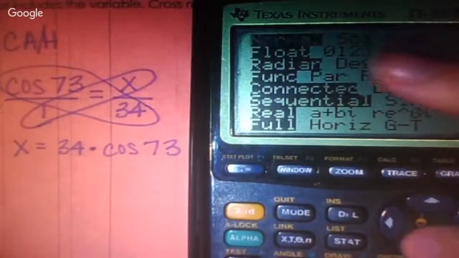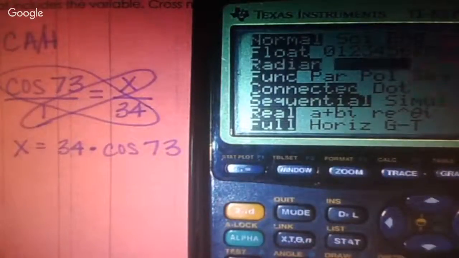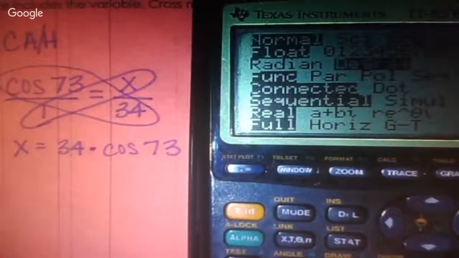You need to go down, scroll over to degree and hit enter. So degree is highlighted. That puts your calculator into degree mode. If it is not, all of these answers will be wrong. Every last one of them.